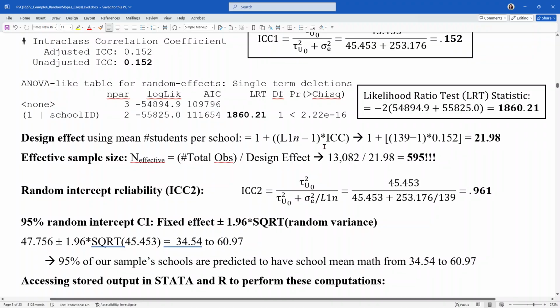So the worst a design effect can be is 1, and that would only happen when there's 1 person per cluster or the ICC is exactly 0. And a design effect of 1 means there's no penalty factor, that you have all 13,000 people in terms of unique information. Only when the ICC is exactly 0 would the design effect go to 1.